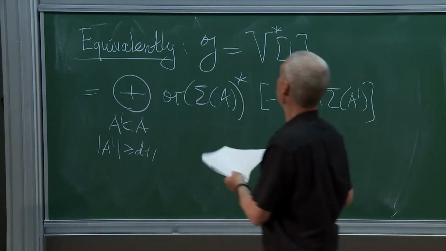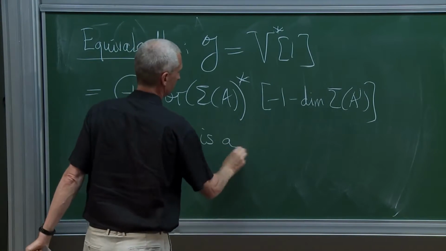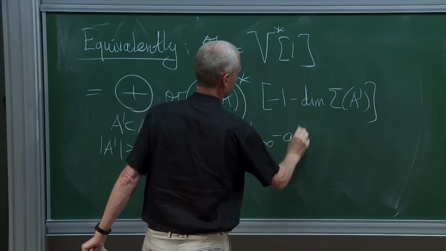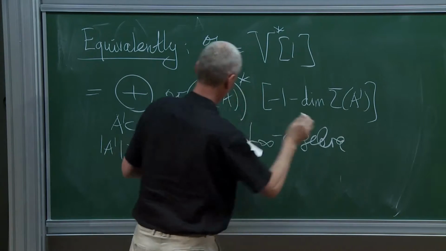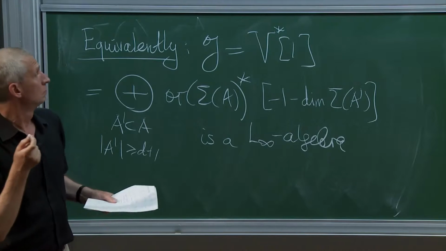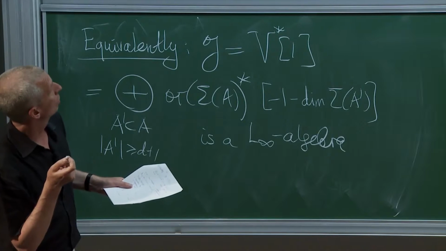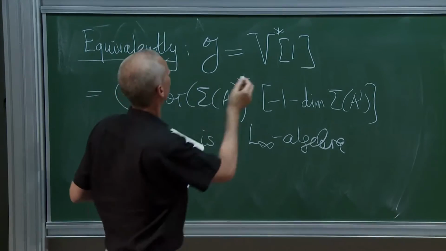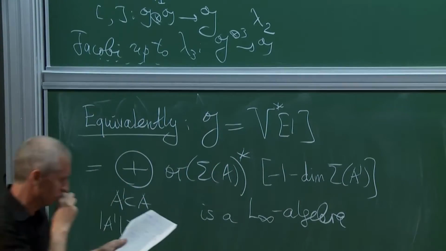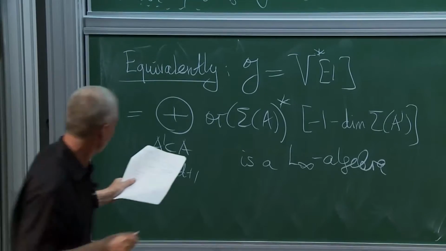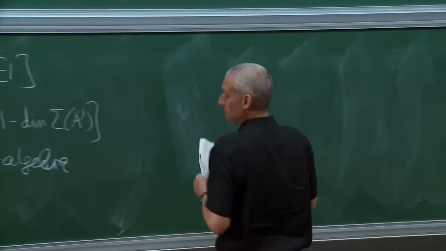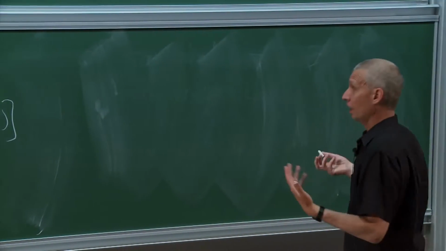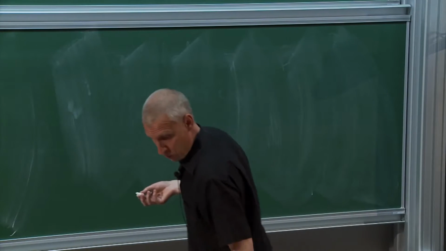So this is a Lie infinity algebra. Again, it should be shifted by -1. Yes, you're right. So just from nothing, we have produced a certain Lie infinity algebra.